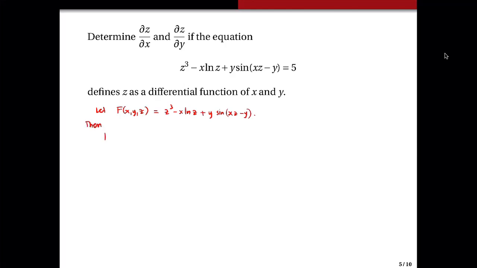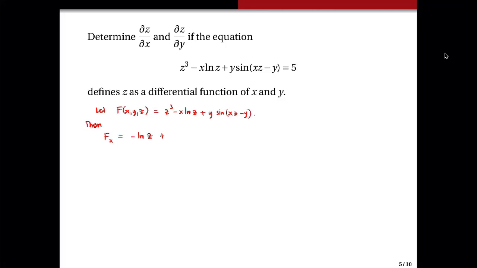Then f sub x, we start with x. This will be negative ln of z plus y.